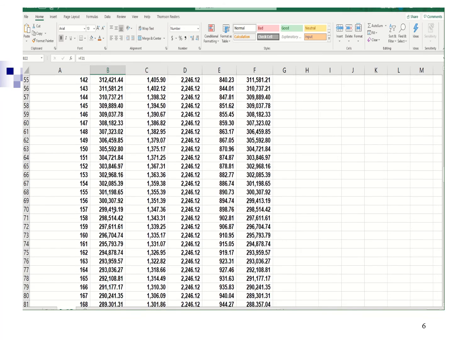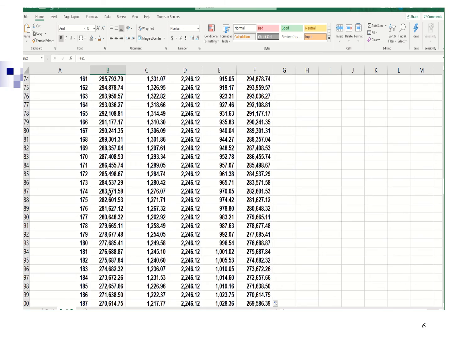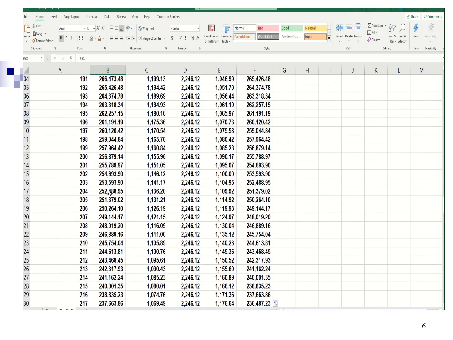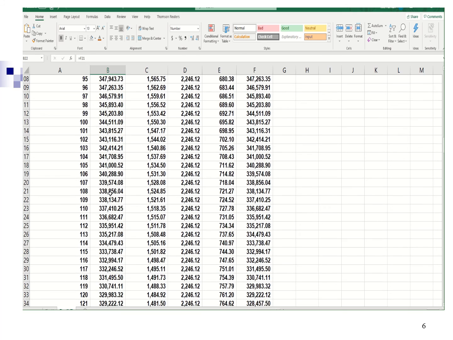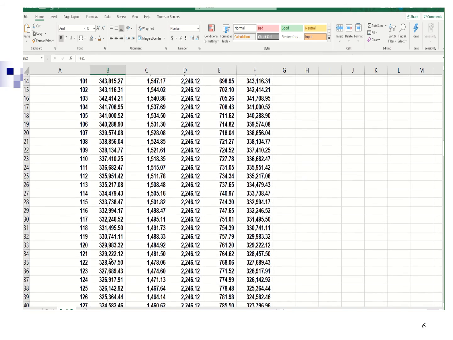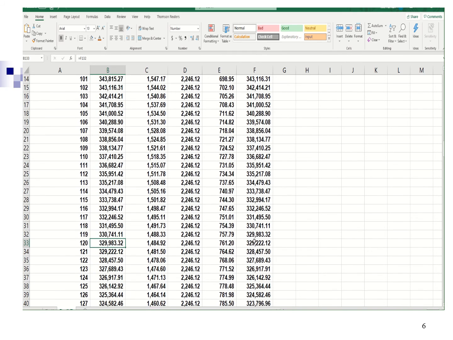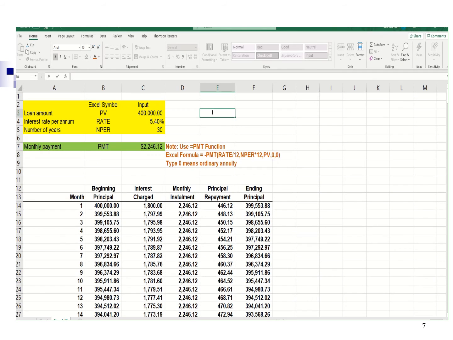If the customer asks you, how much money do I still owe the bank after 10 years? So we can refer to month 120. All right. After 10 years, the outstanding amount is 329 over thousand. Back to my question just now, how much salary do I need to have in order to afford the loan?